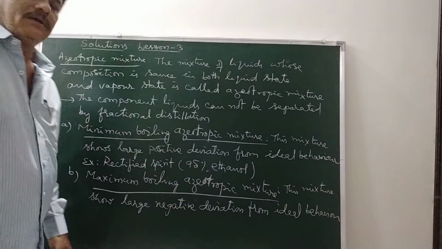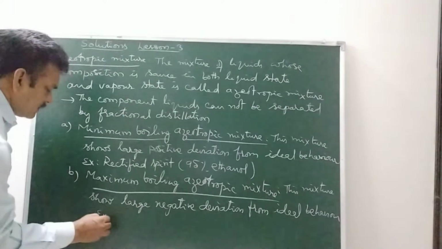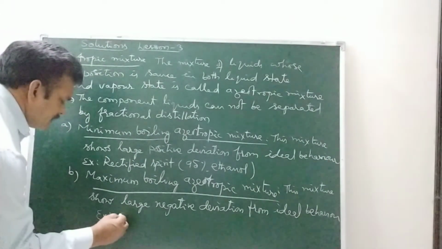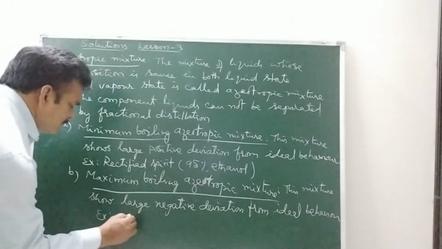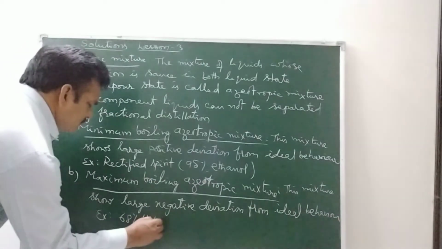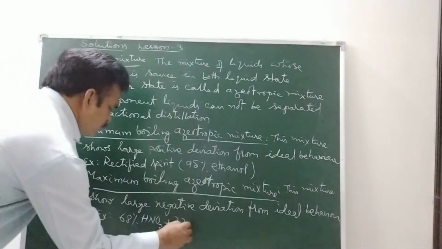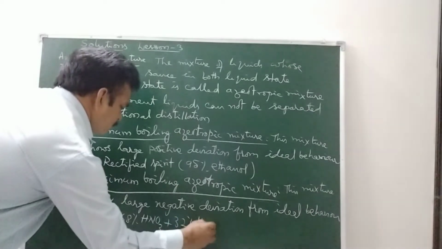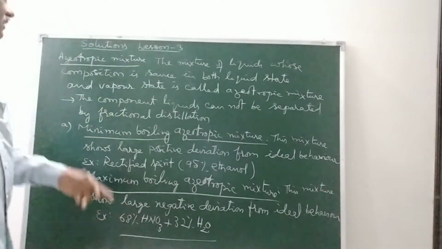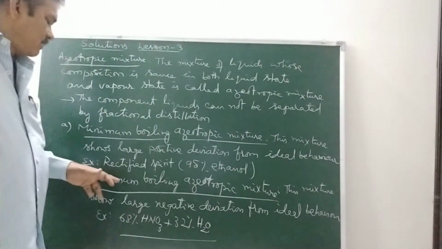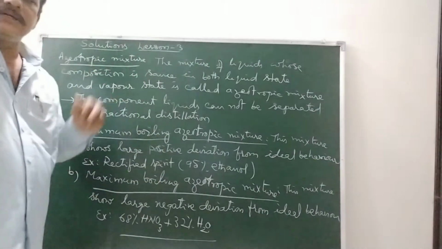An example is HNO3: 68% HNO3 plus 32% water. This liquid mixture acts as a maximum boiling azeotropic mixture.